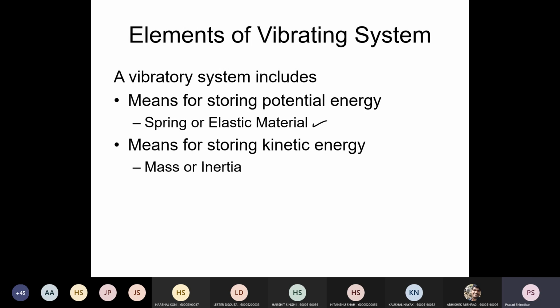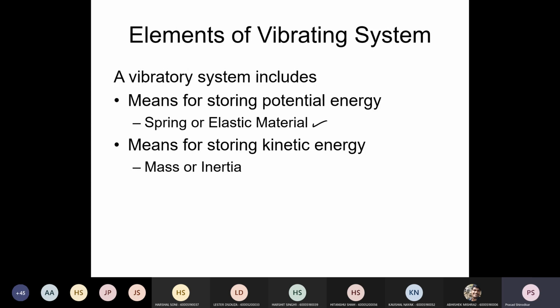Okay. And it also needs an element by which whatever energy is stored in the system should be gradually dissipated. It cannot be dissipated suddenly, although sudden dissipation of energy is also required in some applications. But somewhere along the line, for some parts, you need that energy to be dissipated in a gradual manner.